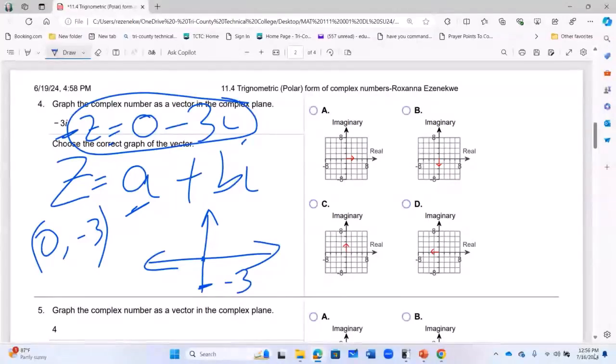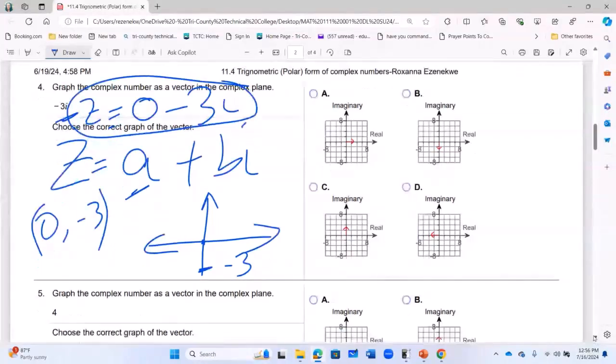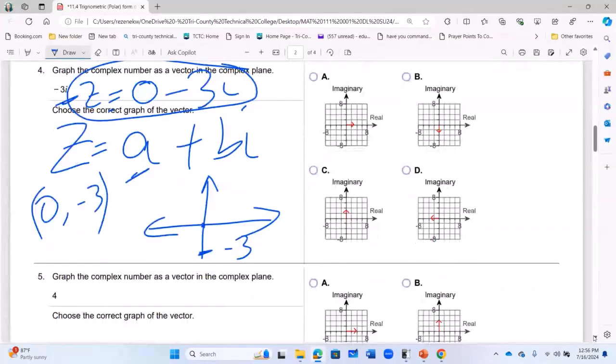Remember our unit circle. In fact, if you're told to find the angle, what is the value of theta, you better know that this value of theta is the angle in the counterclockwise direction, and that angle we already know is 270 degrees, or 3 pi over 2.